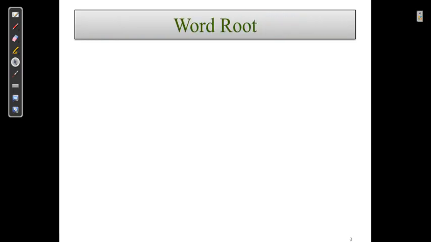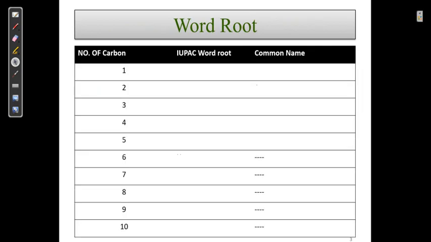So what is the word root? The number of carbons is shown here. The IUPAC word root: this common name is not required at all, I have just written it here. For one it is very simple: meth, eth, prop, but, pent, hex, hept, oct, non, dec. The common name is not at all required, I have just written it here. For 2, acet. For 3, prop, propion.